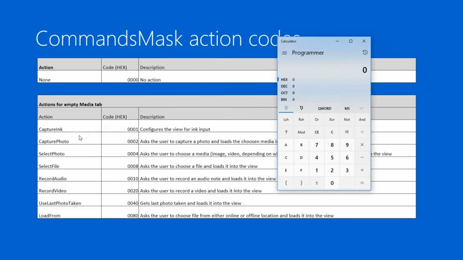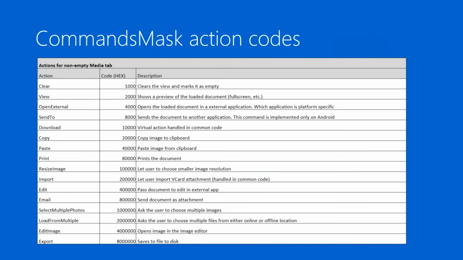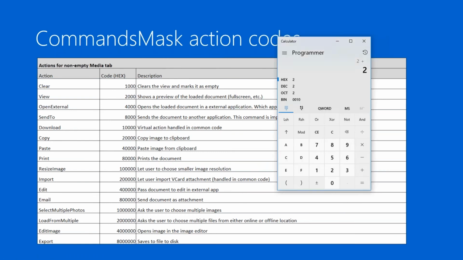So the first one, we need to capture the photo. So there's code 2, so 2 plus. From the next table, I want to select some actions for the non-empty media tab. So we want to be able to clear the media tab, so we add 1000.